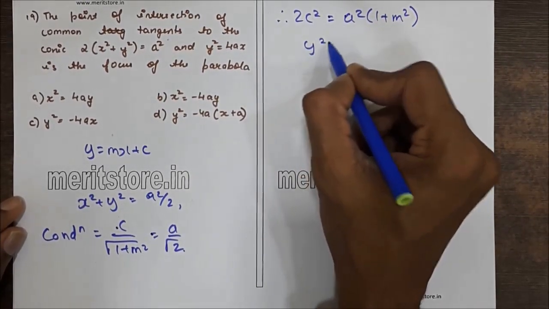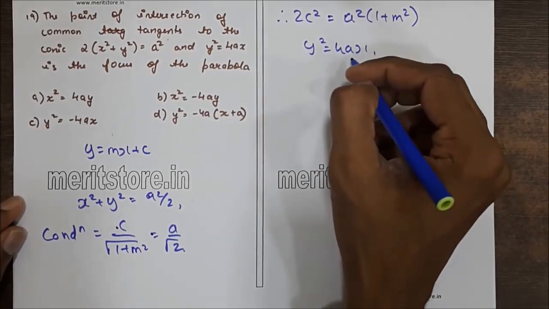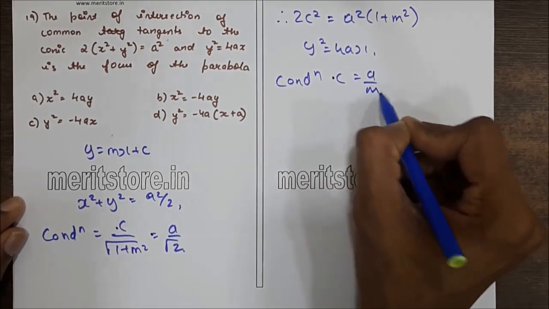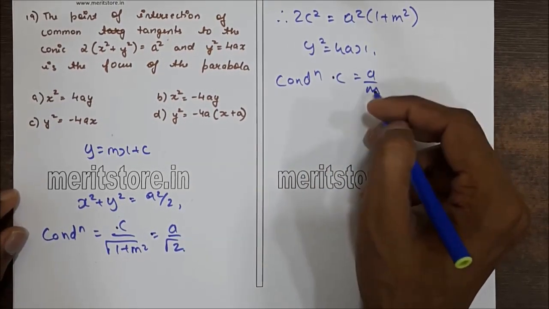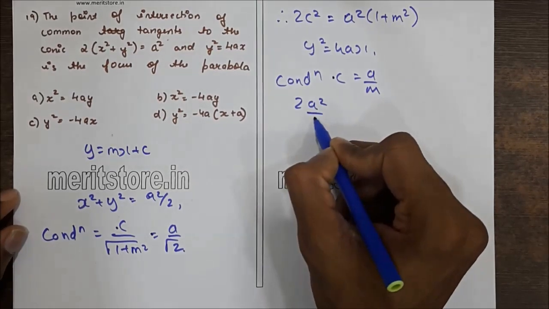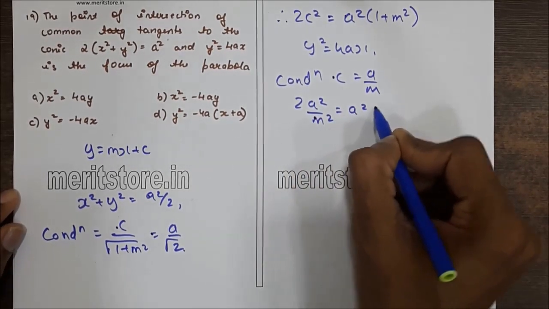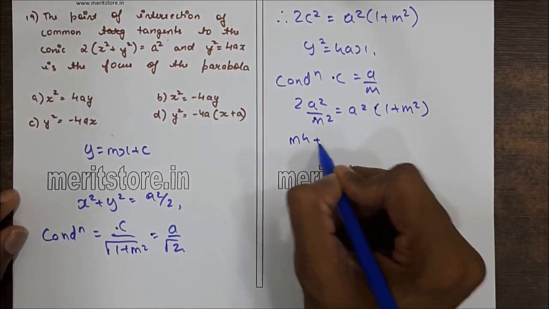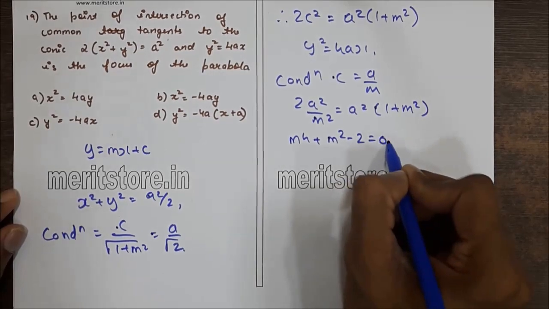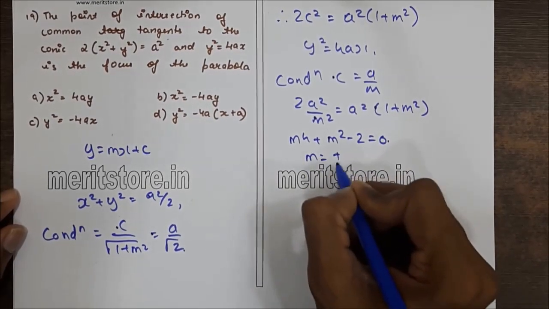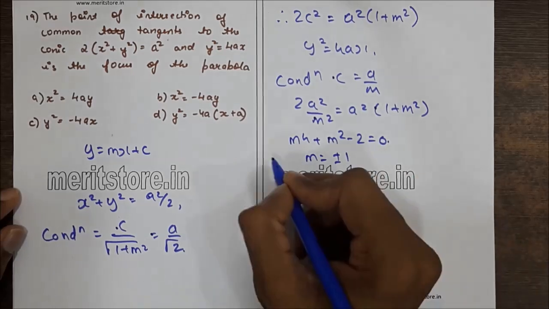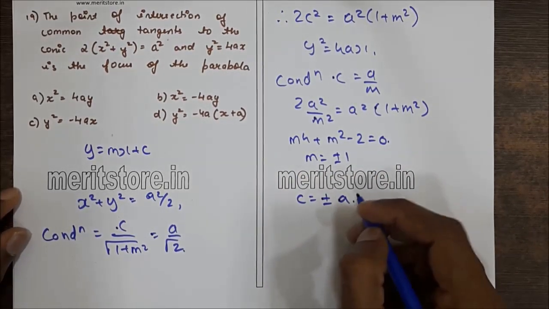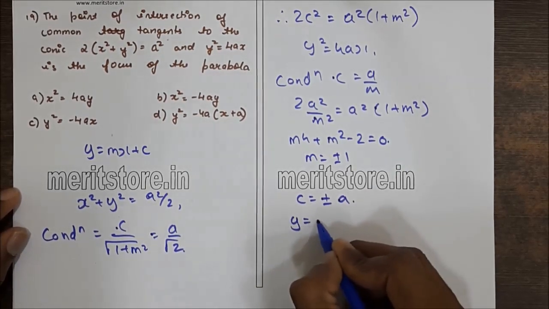For y square is equal to 4ax, the condition of tangency we get as c is equal to a by m. When we substitute the value of c, we get 2a square upon m square is equal to a square times 1 plus m square, where we get m to the power 4 plus m square minus 2 equal to 0, where we get m is equal to plus minus 1, and we get c is equal to plus minus a. The equation of tangent can be given as y is equal to x plus a.